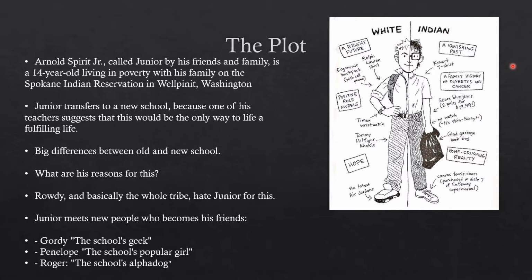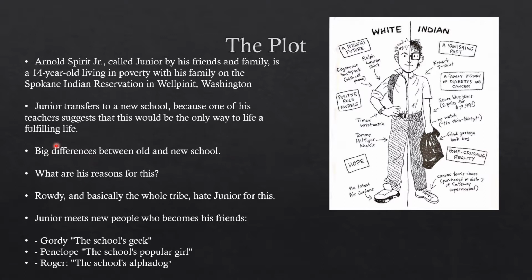The main character is quite focused on the poverty. A teacher at his school suggests that he transfer to a more, I don't know if you can say a white school, but it's a more typical Western world school. So a lot of the book is based around this topic.